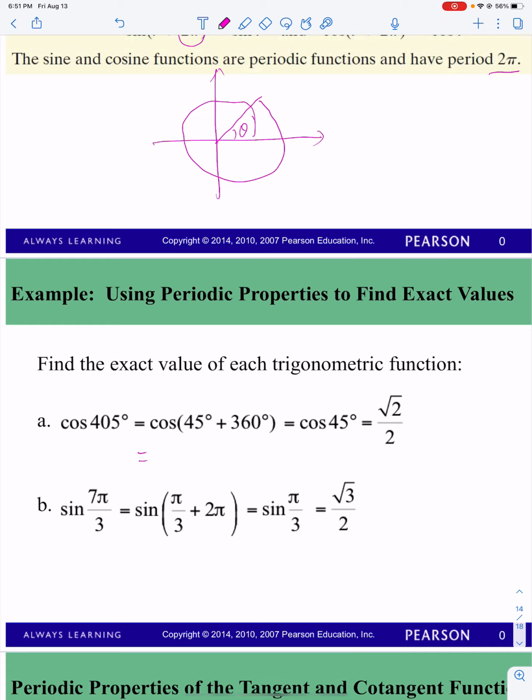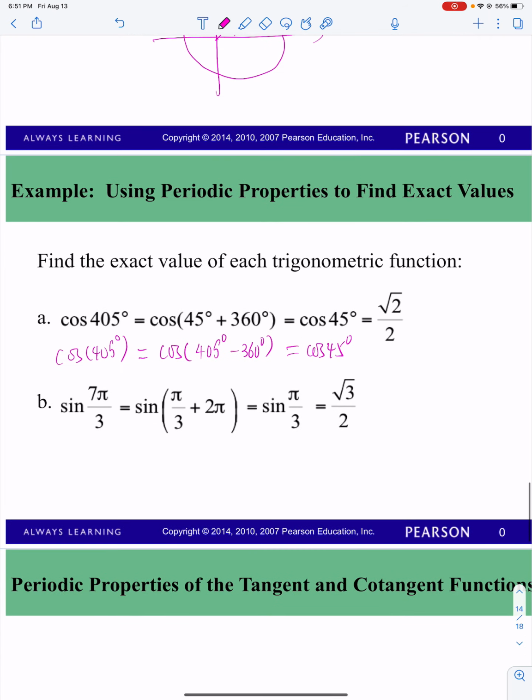What I typically do is 405 degrees is the same as 405 degrees minus 360 degrees, which will be cosine 45 degrees. So it's the same thing. You can add or subtract, it's the same thing. Similarly we can do this one too.